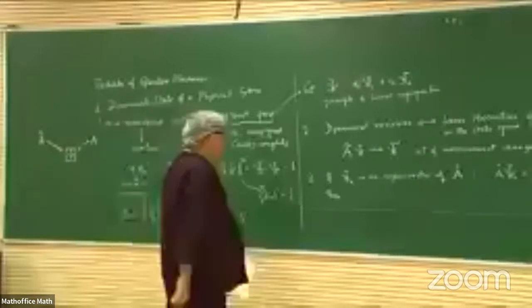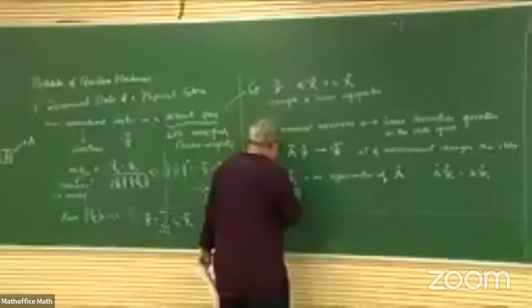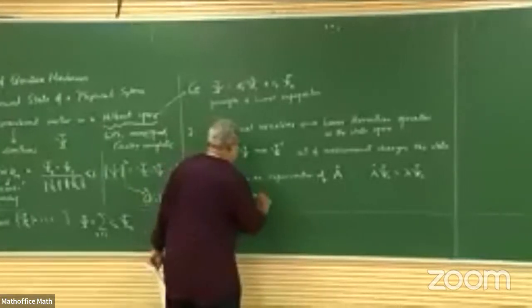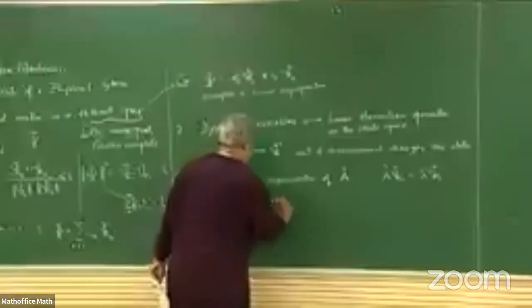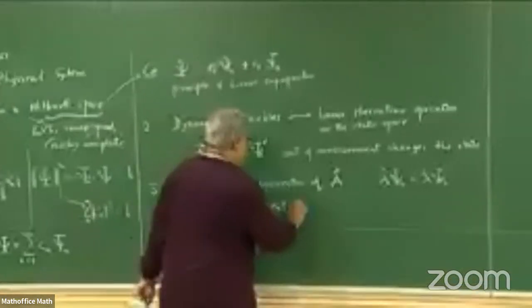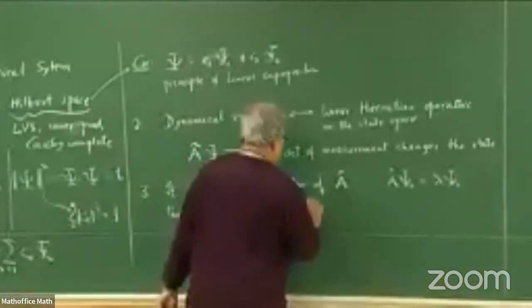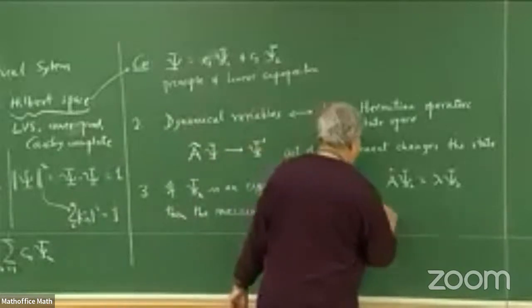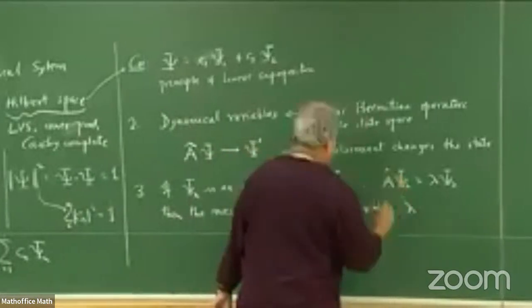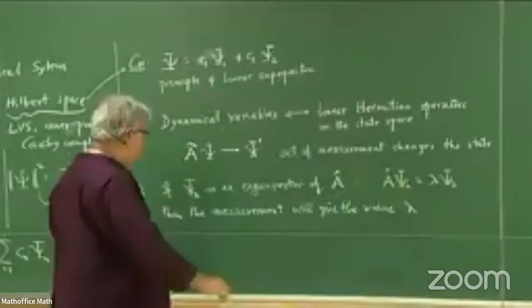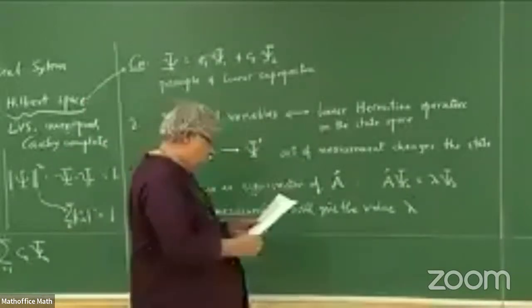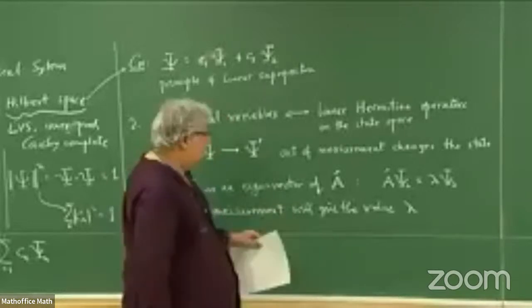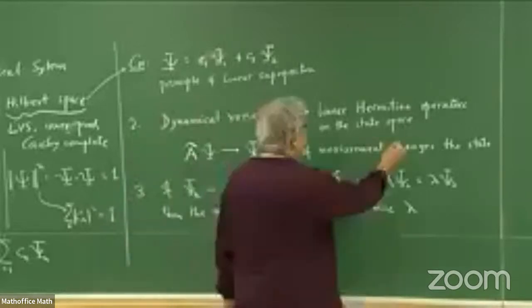Now, if this is true, then the measurement will give the value lambda. So that is the point. Now we know why we chose a Hermitian operator.